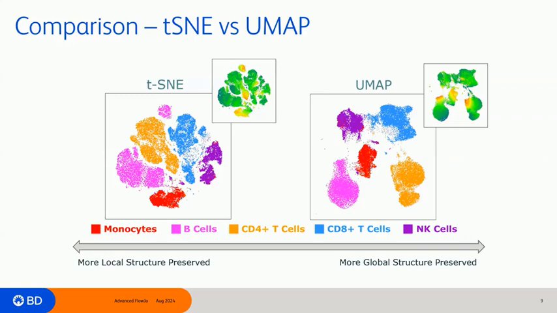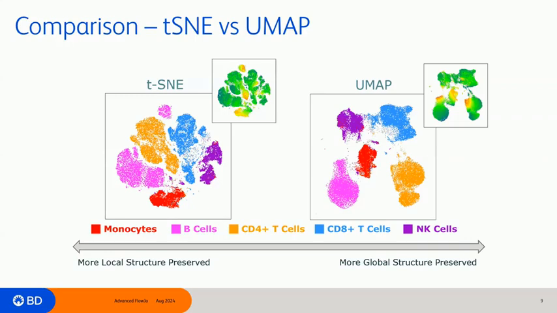In some cases, t-SNE might be preferred, if your primary goal is to explore and visualize local structures within the data, such as identifying small, really distinct cell populations. UMAP might be preferred if it's important to maintain global structure of the data or understand the broader relationships between those clusters.